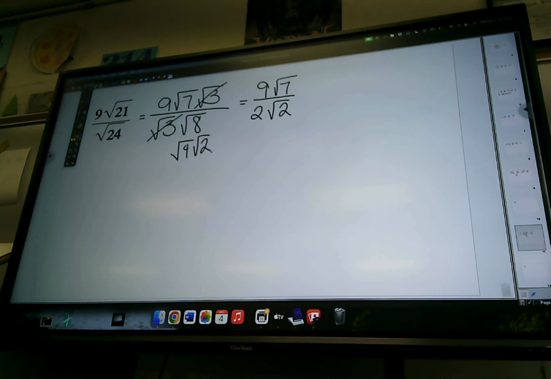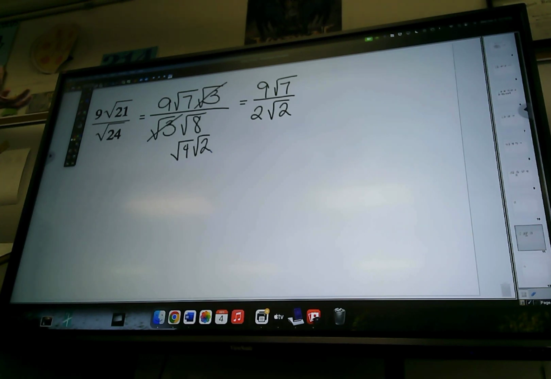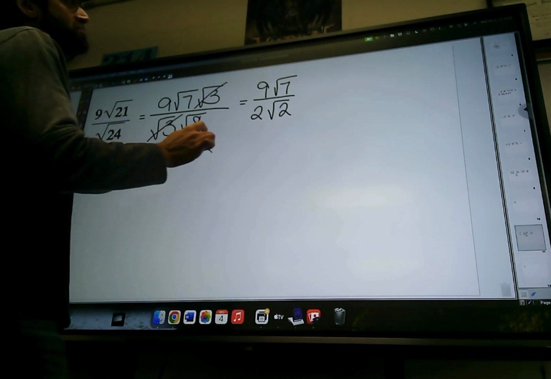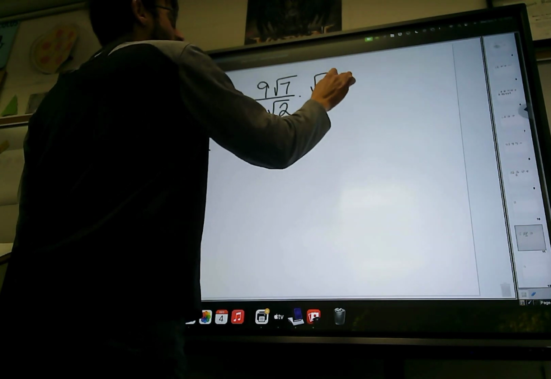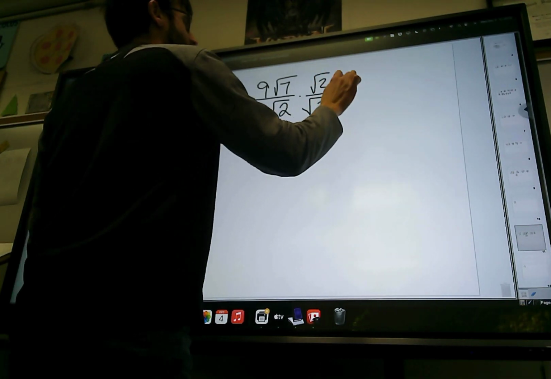Just trying to break it down into smaller things so I don't have the square root of like 8,400. That's going to be hard to reduce. It's going to take you more time. I'm going to try to break it down if I see those factors. Then what I'm going to do is multiply by the square root of 2 to rationalize.